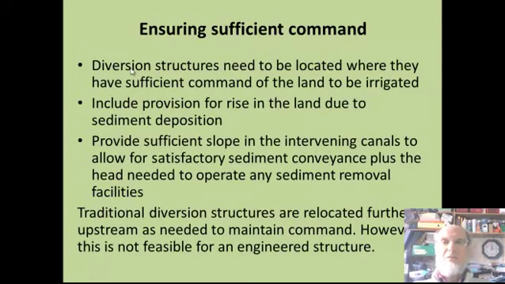Command. We need to make sure that our diversion structures can provide sufficient command of the land to be irrigated and include provision for rise in the land due to sediment deposition. The structure needs to enable sufficient slope in the canals to allow for satisfactory sediment conveyance, and also any head needed to operate sediment removal facilities, if there are flushing basins, for example.